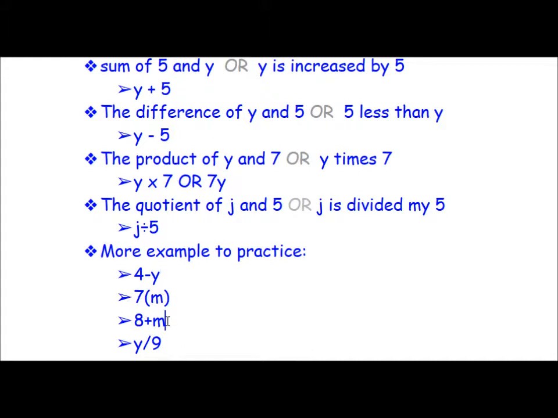This can be expressed as the sum of 8 and m, or 8 is increased by m, or m is increased by 8. For this one, y divided by 9, we can say the quotient of y and 9, or y divided by 9.